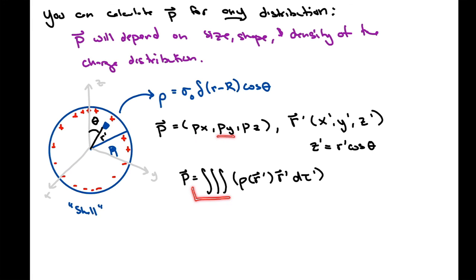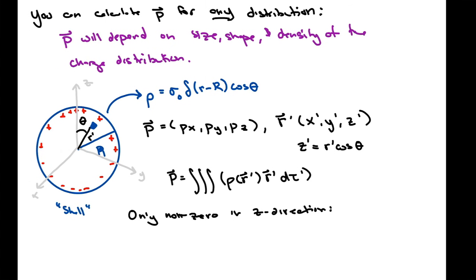I could do the integral here, and if you want to, you can, but if I did the integral in those directions, replacing this with x and y, I would end up getting integrals that summed to 0. So it's only non-zero in the z direction.